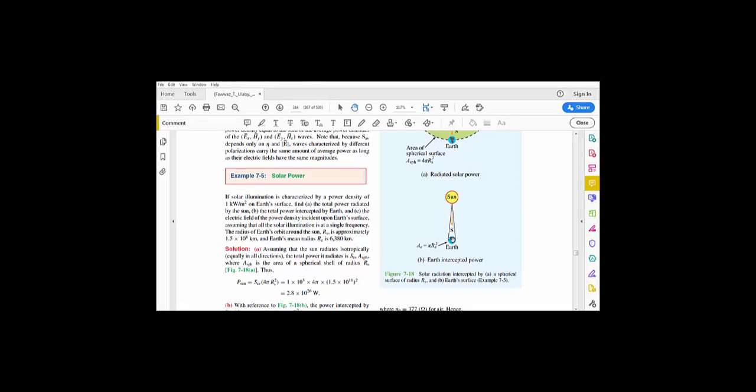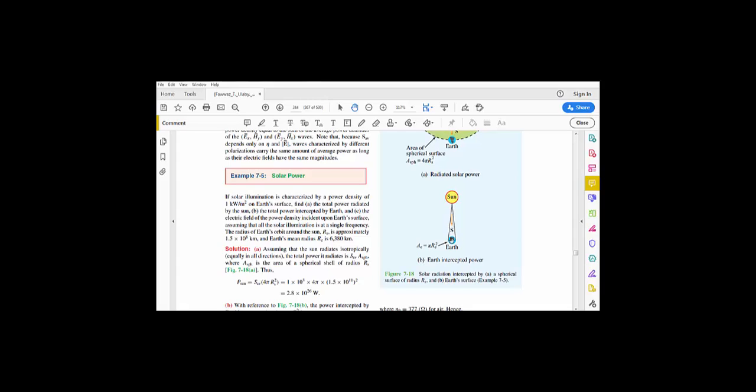Now if we need to calculate how much power is received or incident on the surface of the earth, we assume that the cross section of the earth is the aperture, the surface which will receive or accept the power from the sun.